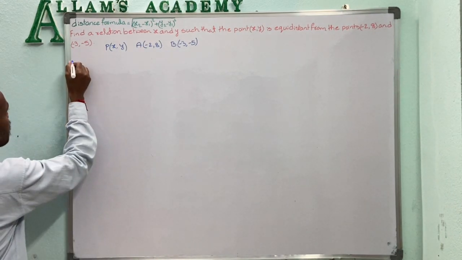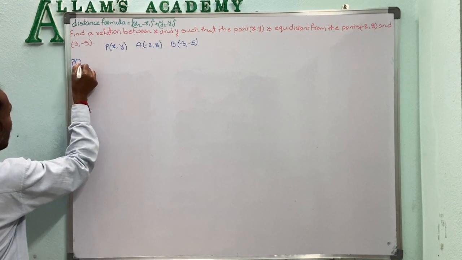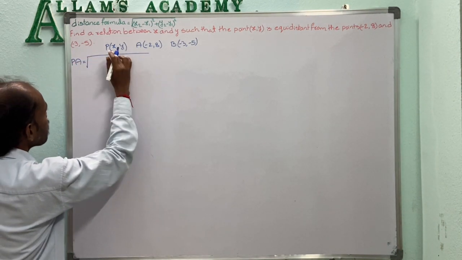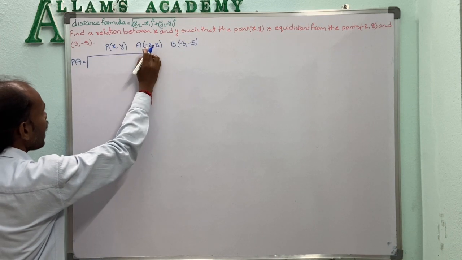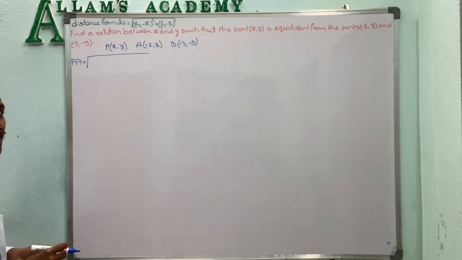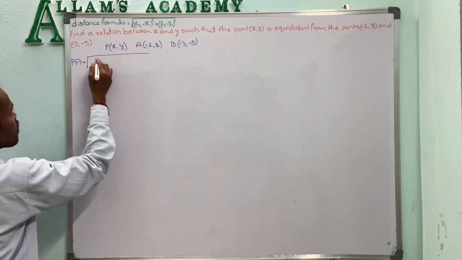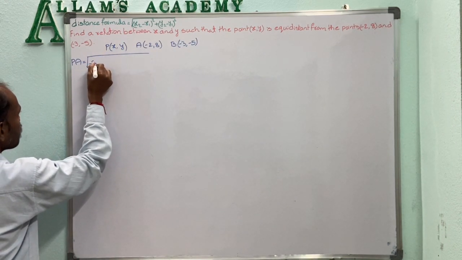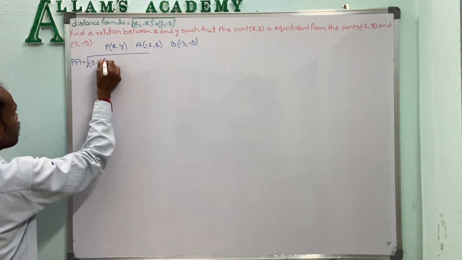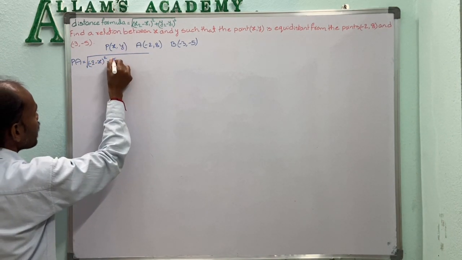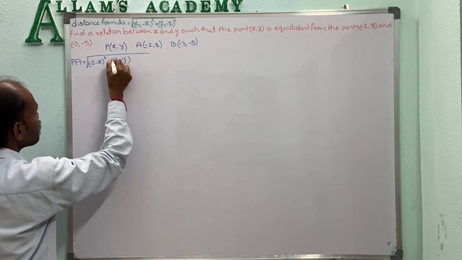So the distance between the points P and A, that is nothing but PA. Here P will be taken as x1, y1 and A will be taken as x2, y2, that is under root (x2 minus x1), so (minus 2 minus x) whole square, plus (y2 minus y1), (8 minus y) whole square.